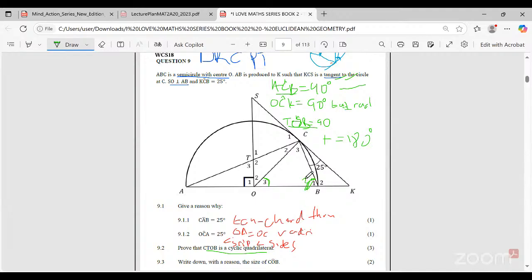Yes, sir. Why? The angle between the tangent and the chord is equal to the angle in the alternate segment, sir. I disagree, because I think that theorem works like this. Let's say this is a tangent.